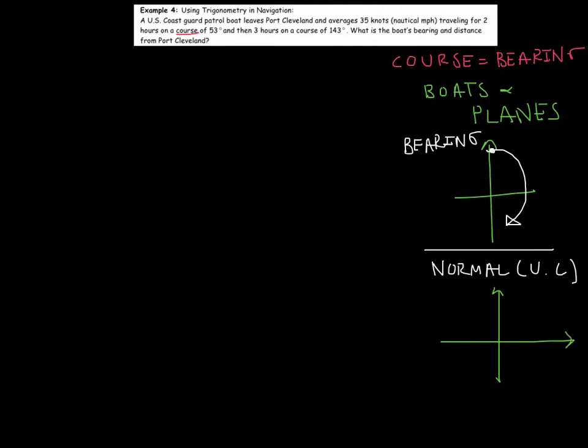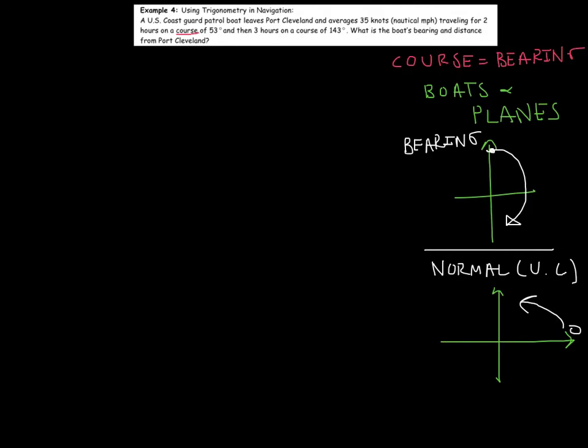Well, you think starting at 0, and you think measuring counterclockwise. All right? So when you see bearing, you have to switch your mindset, and you must start from the north and you rotate clockwise. All right? So let's see if we can sketch this example here.